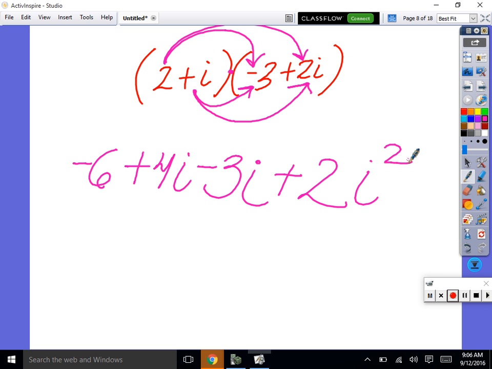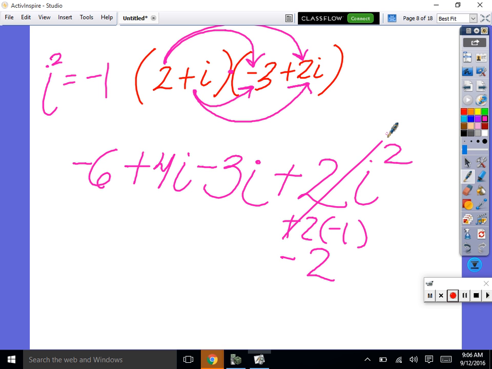On the test, you'd say, I remember that i squared equals -1. So we really have +2 times -1. Isn't that -2? Guys? So those aren't there anymore. We simplify them. Now real parts with real parts, imaginary with imaginary. -6 plus -2 is -8.